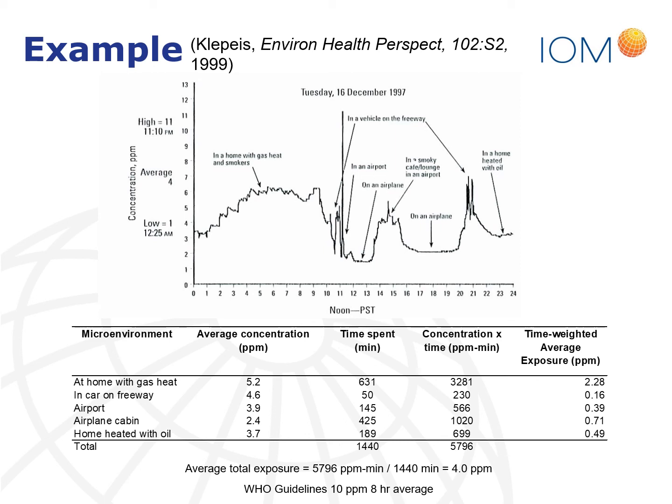You can see the average concentration in each microenvironment, the amount of time spent there, and the time averaged exposure in each microenvironment. You also see the total time averaged exposure over 24 hours, which is 4 parts per million. For reference, the World Health Organization recommends that exposure be below 10 parts per million over an 8-hour average. So you can see that this person's exposure would be considered safe with reference to WHO guidelines.